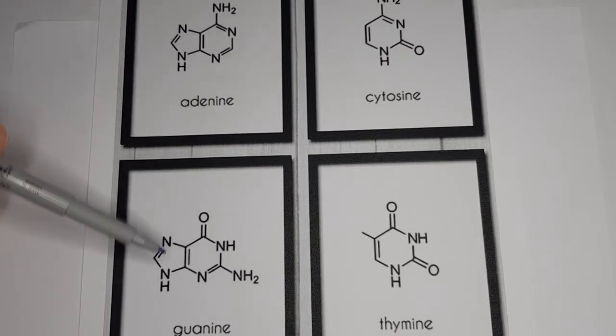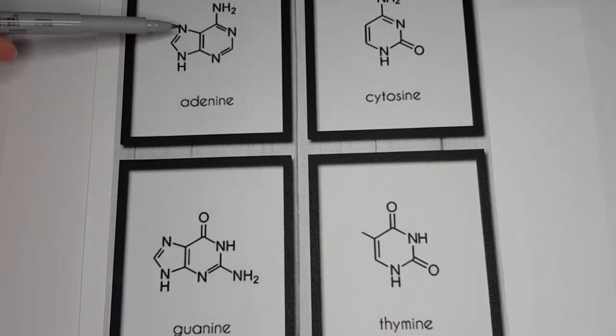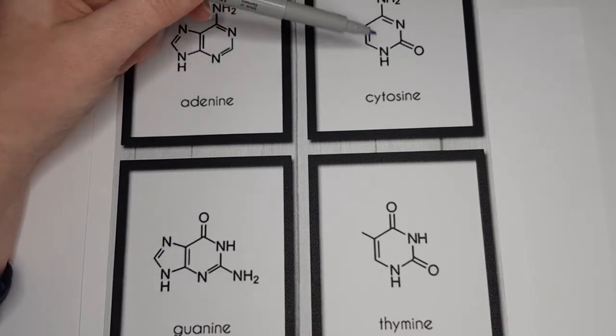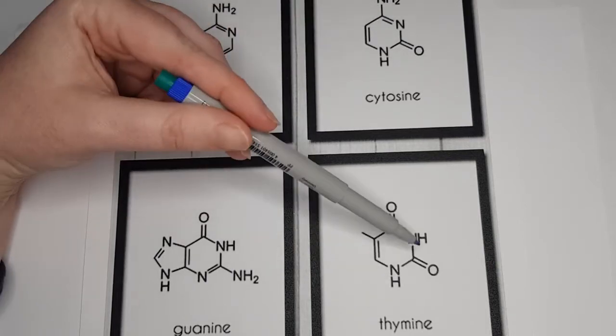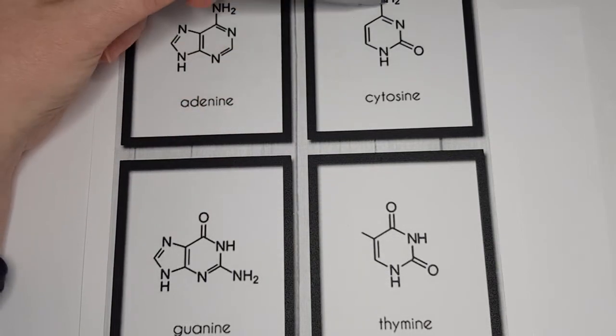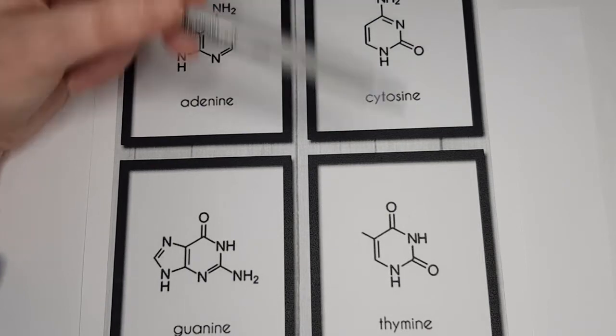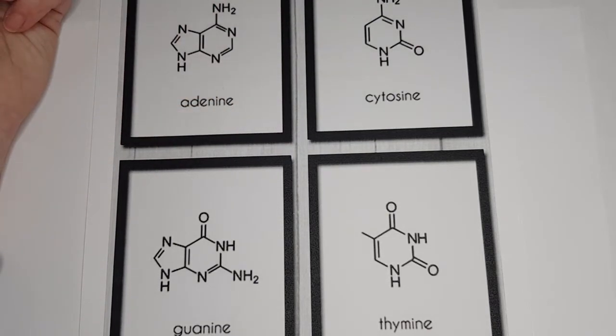So they're similar, but they are different. But they have two rings. And then your cytosine and your thymine have just one ring. Similar structure, but again, different in terms of where the nitrogens and oxygens are.